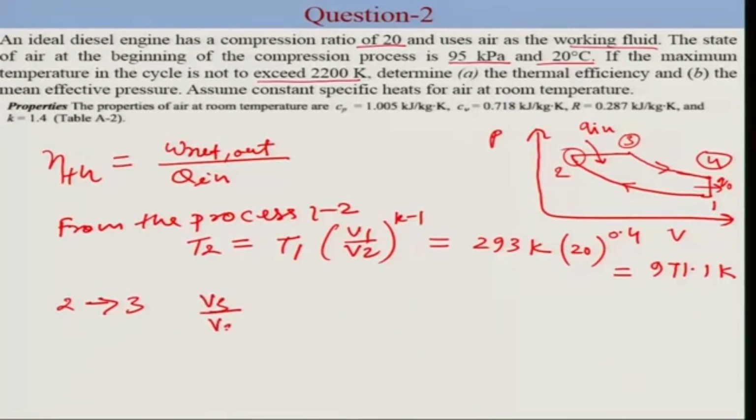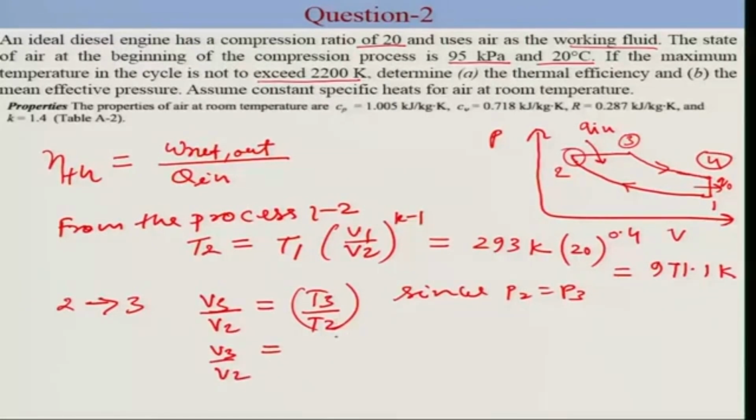Okay, now from the process 2 to 3, which is an isobaric process, V3 upon V2 equals T3 upon T2. Okay, since P2 equals P3, and we have assumed that air is behaving as an ideal gas. So this ratio V3 upon V2 will be equal to 2200 upon 971.1 Kelvin.